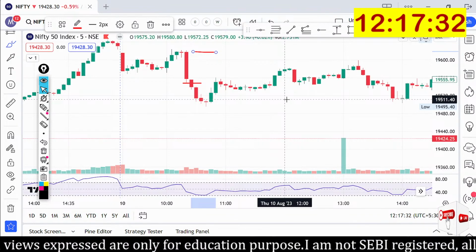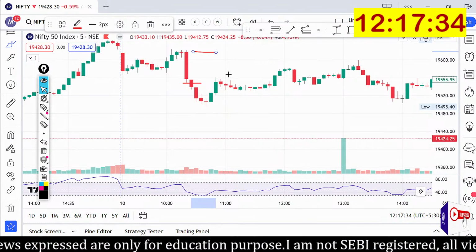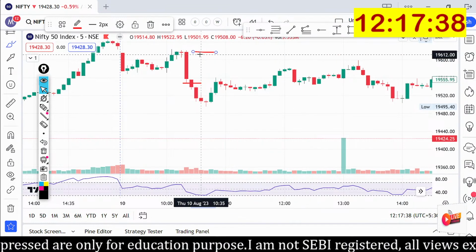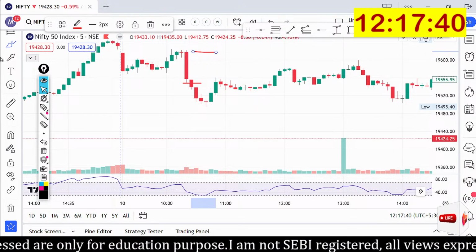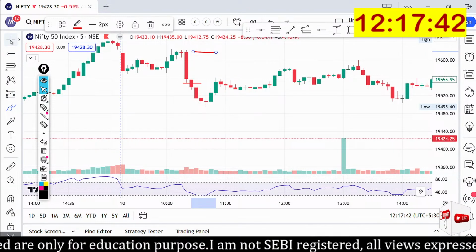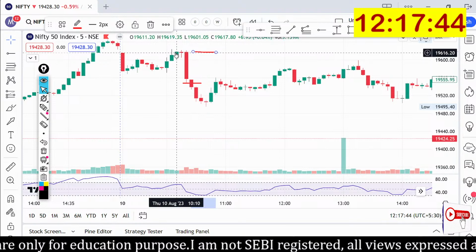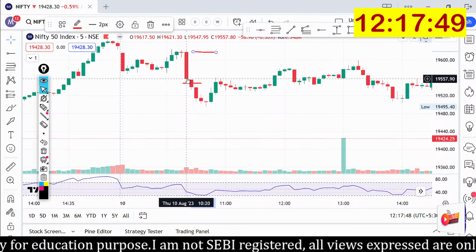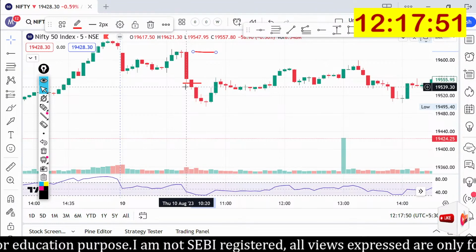Exactly. So what is happening at these levels when this kind of situation is happening? Basically, this candle is telling you that sellers have taken the control over the market, right?